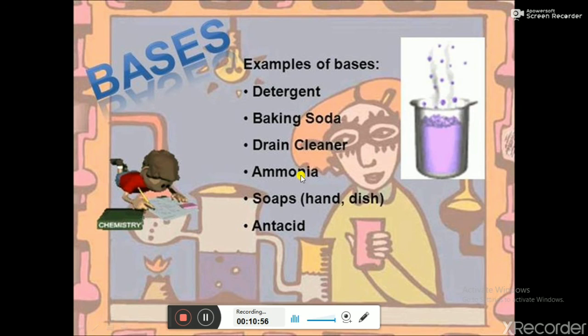Ammonia is also used in hair dyes and many shampoos. Soap, hand wash, washer, all these things contain bases. Antacids means the medicines which we usually use to treat acidity, like Eno, magnesium hydroxide, milk of magnesia. All these are antacids which actually contain bases.